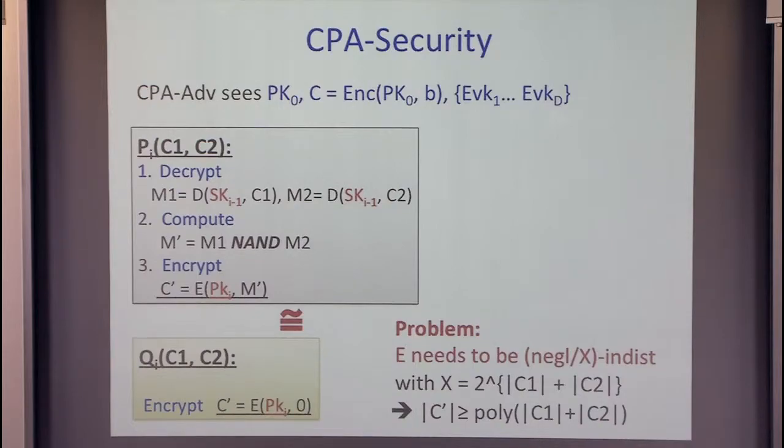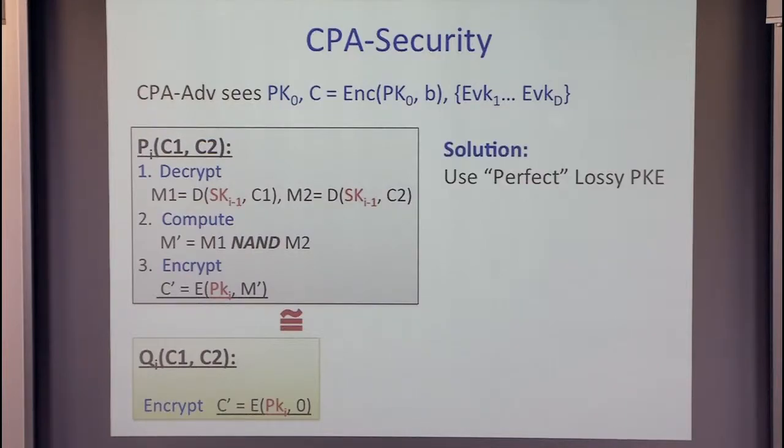Oh, the number of evaluation keys depends on the depth of your circuit. But if the increase is just additive, you're saying it has to be multiplicative? It's multiplicative, right? Because to get a 1 over X indistinguishability gap, you actually need the size of the encryption to be poly. Yeah. All right.